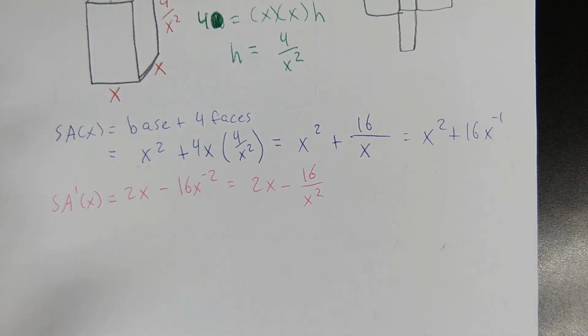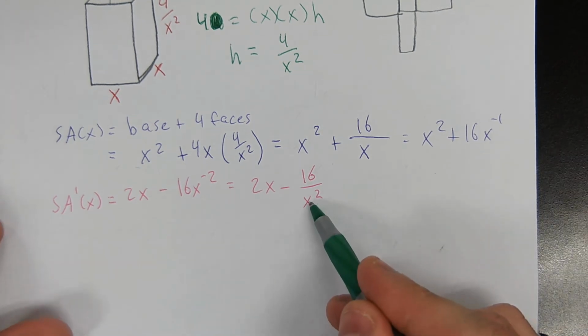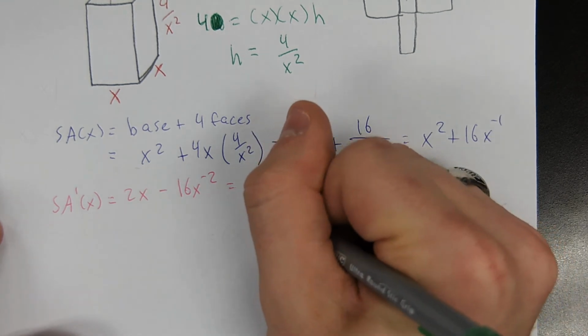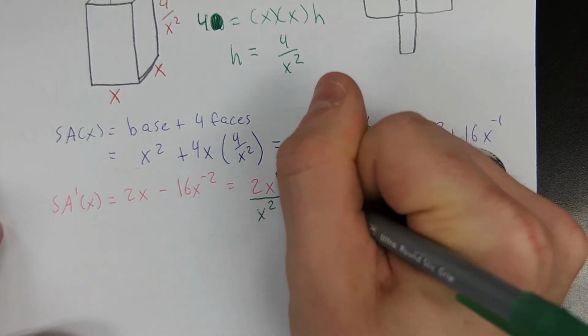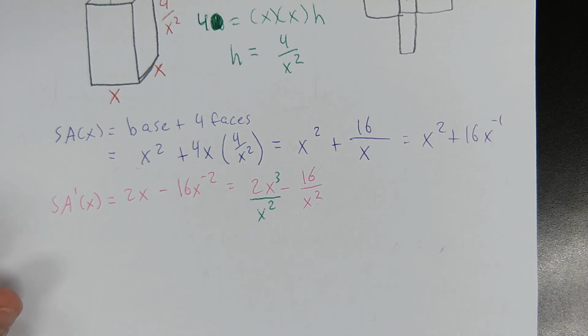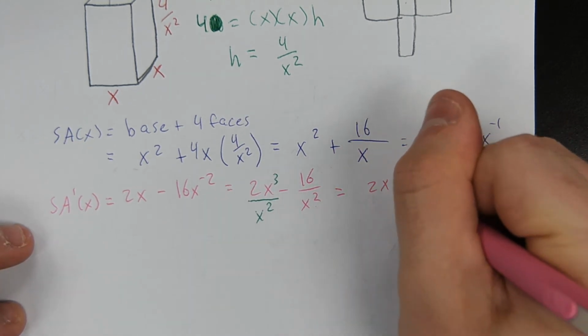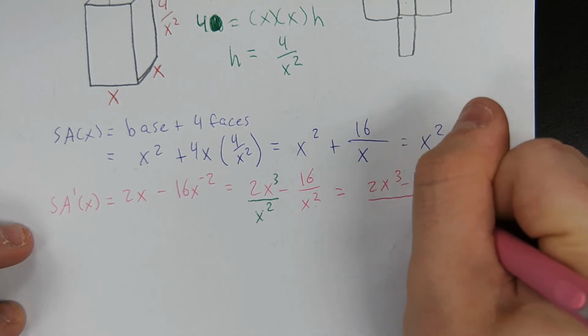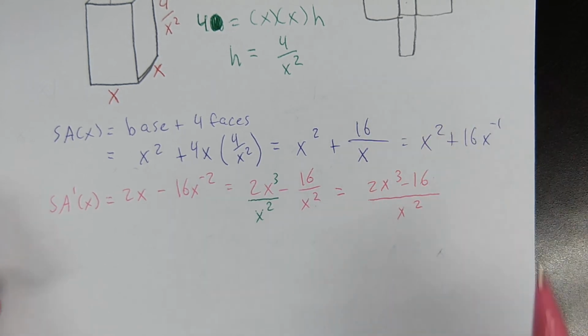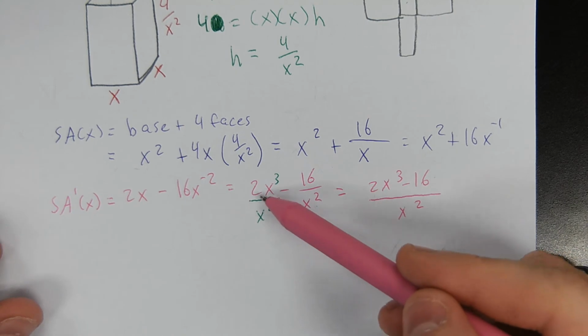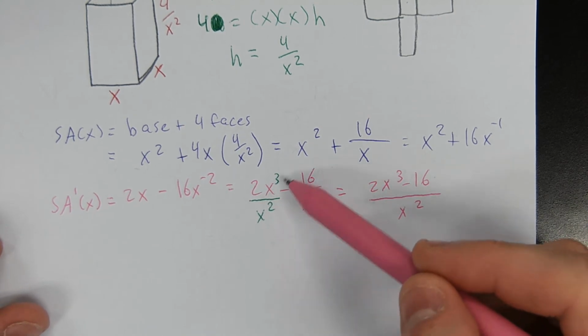I'd say that the common denominator is x squared, wouldn't you? So if I multiply the top and bottom of this by x squared, I'll get that. Because it already had an x. Yeah, so x times x squared will give me that.